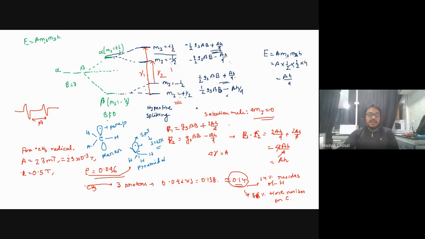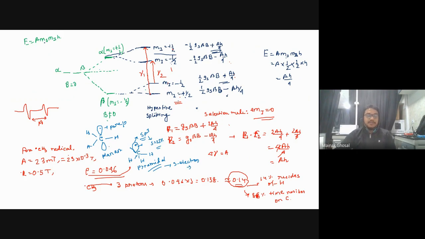So if in the ESR signal you can see hyperfine splitting due to this s electron, then you can say that this is the structure.